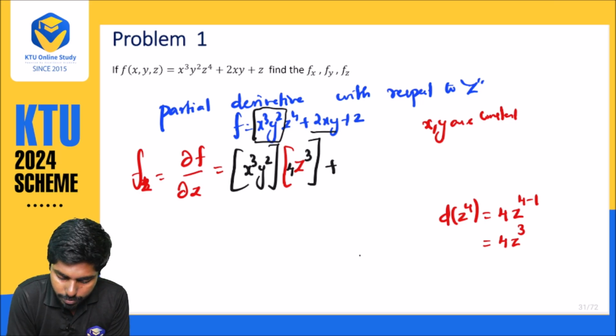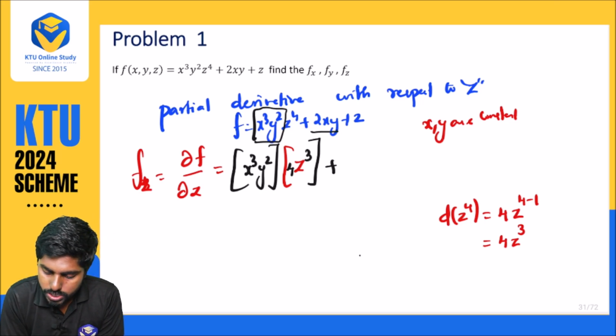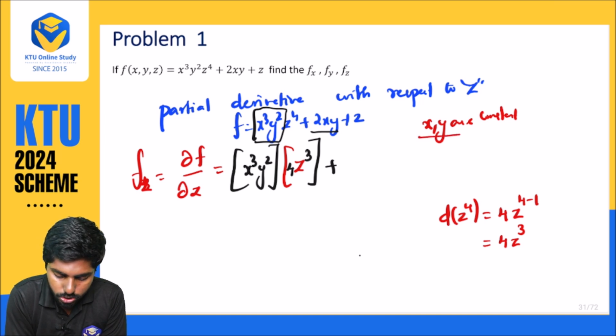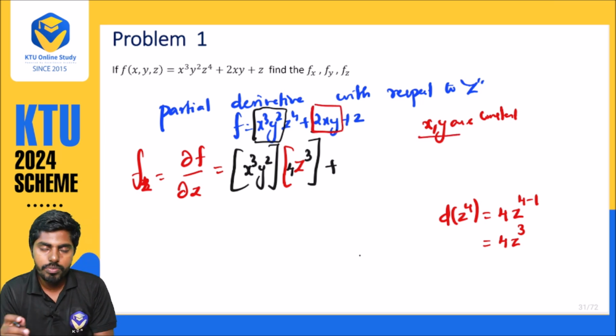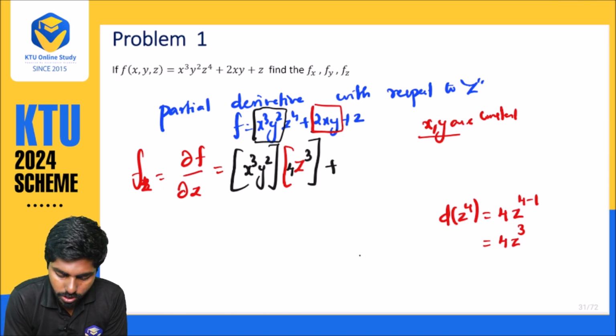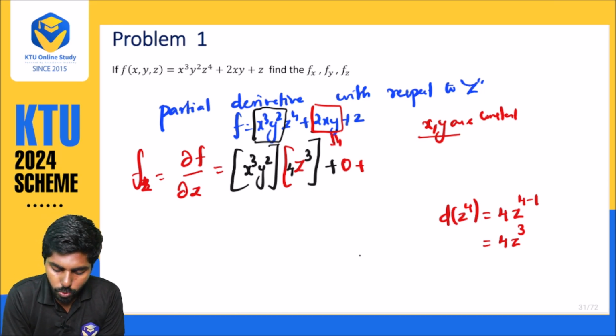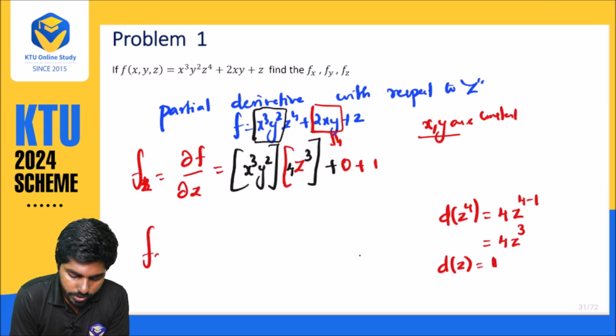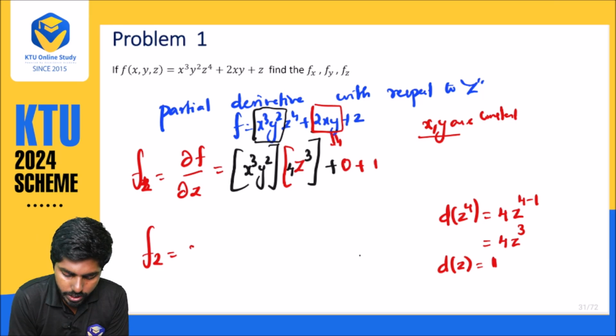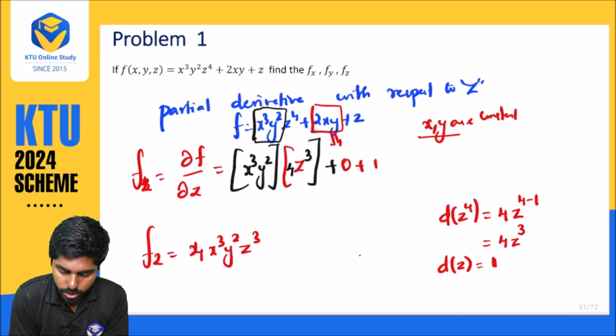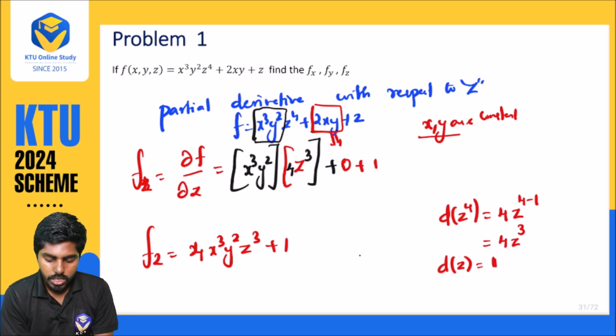Plus, for the term 2xy, x and y are constant, so observe very carefully, this becomes a constant term, and the differentiation of a constant is 0. Plus z: when you differentiate z, we get 1. So f of z is equal to 4 x cube y square z cube plus 1.